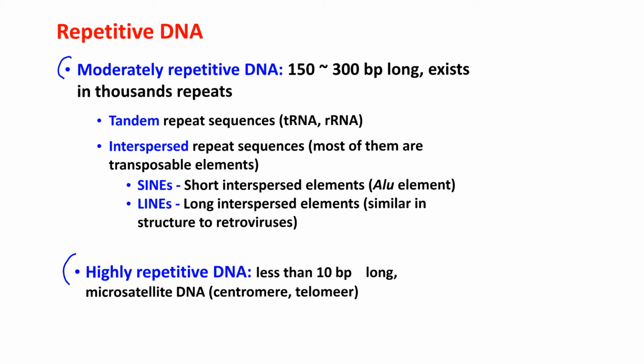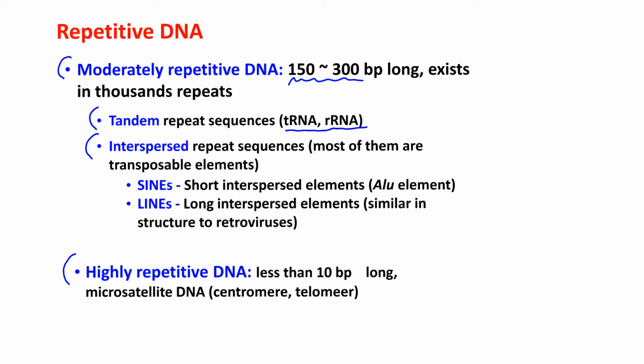Now, they can exist either in tandems, as tandem repeats, or as interspersed repeats. Tandem repeats actually appear one after another, and they are usually clustered at a particular location of the chromosomes, and you have two examples of those tandem repeats, transfer RNA and ribosomal RNA.